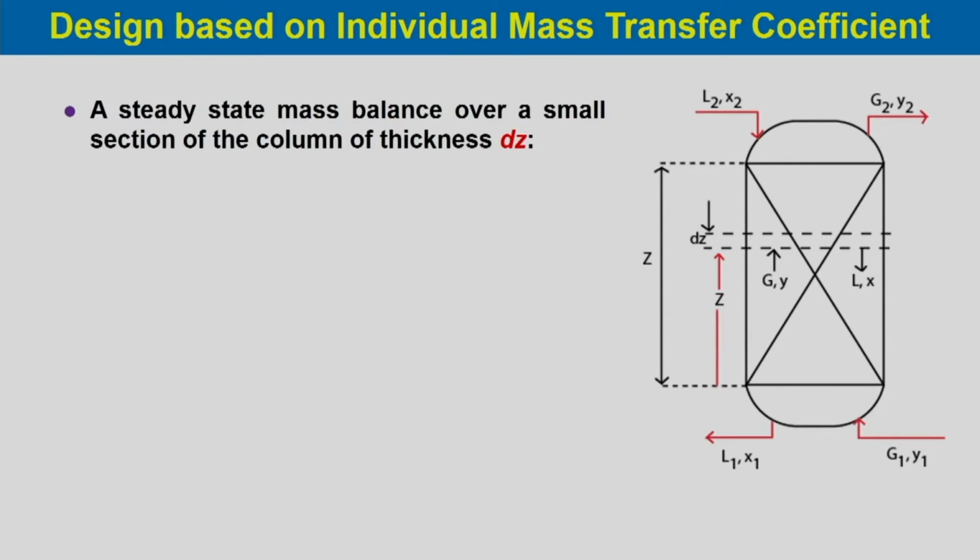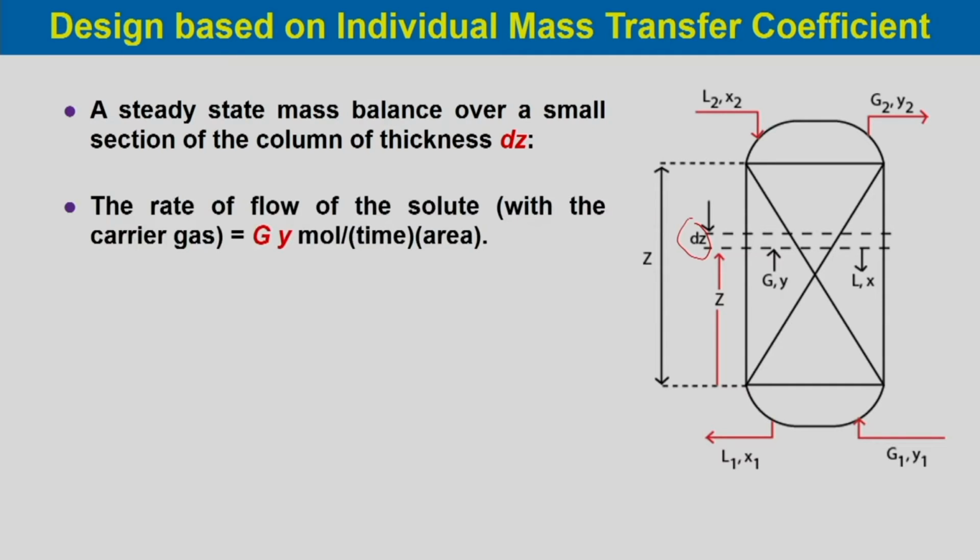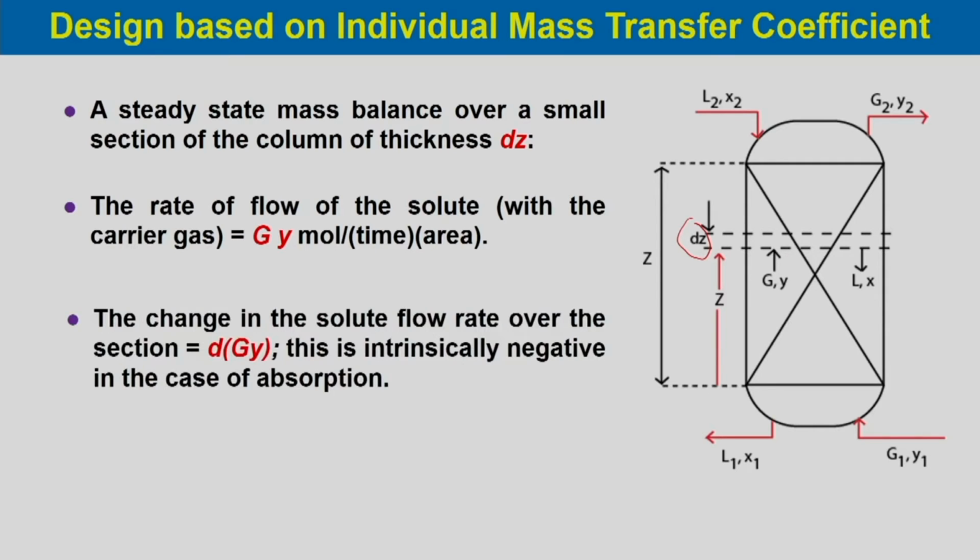Now, if we consider a steady state mass balance over a small section of the column of thickness dz, which is shown over here, the rate of flow of the solute with the carrier gas would be G into y, mole per time per area. So, this is the solute gas flow rate.